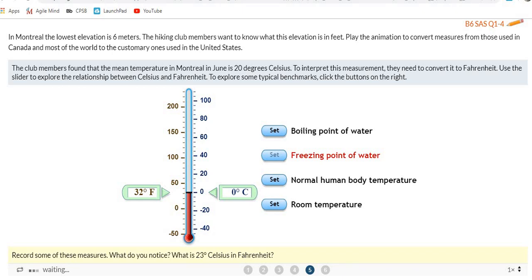And what is it in Celsius? 0 degrees. Okay? Well, we need to fill in the table here first. We want to first look at 1 degree Celsius, because there's a 1 on the Celsius. So I'm going to move this to a 1. And what degrees Fahrenheit do I have? 33.